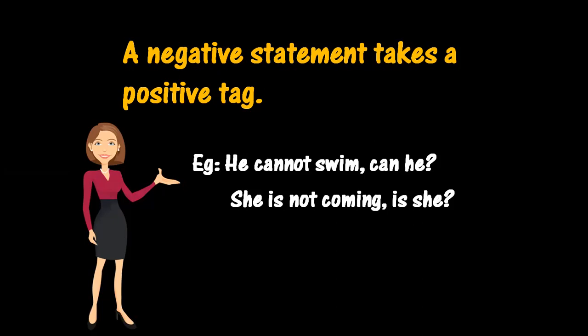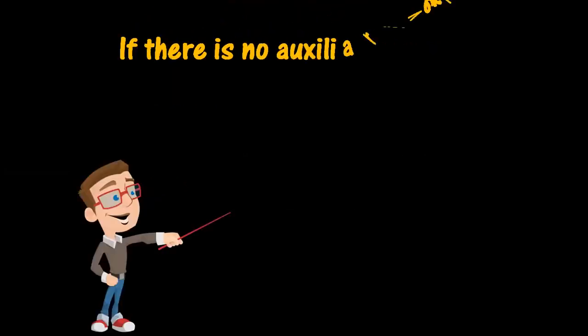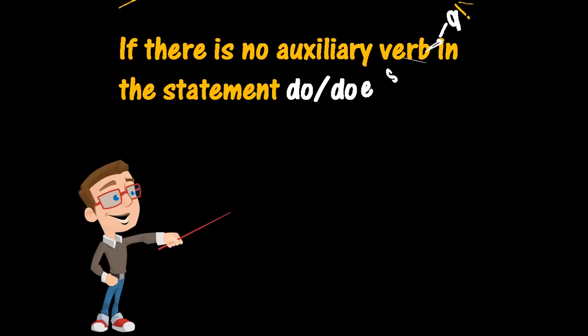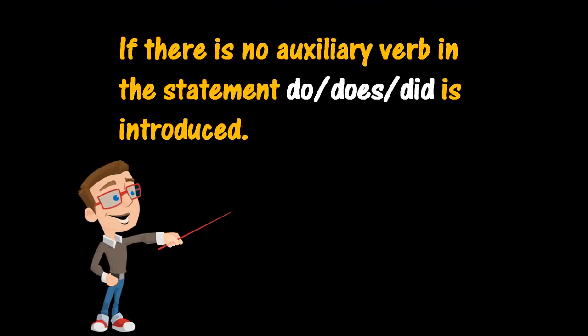And the next one. If there is no auxiliary verb in the statement, we take the help of do, does, did. For example, in all the tenses we use helping verbs, auxiliary verbs, except in simple present and simple past when you're making a positive statement. For example, I play cricket every day. This is a simple present positive statement.